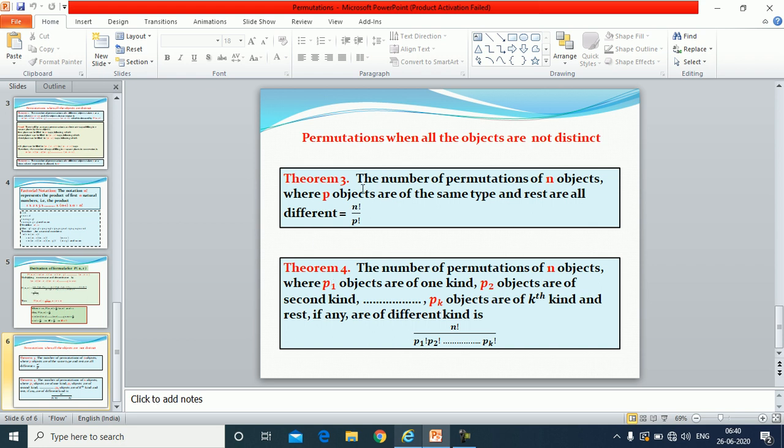Now this one says, third theorem: the number of permutations of n objects where p objects are of the same type and rest all are different will be n factorial over p factorial.